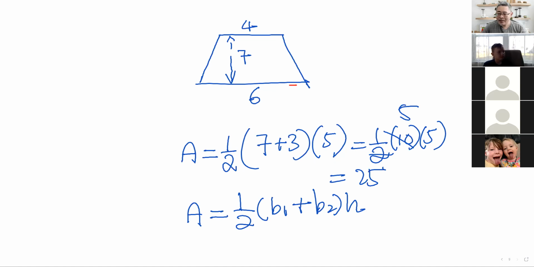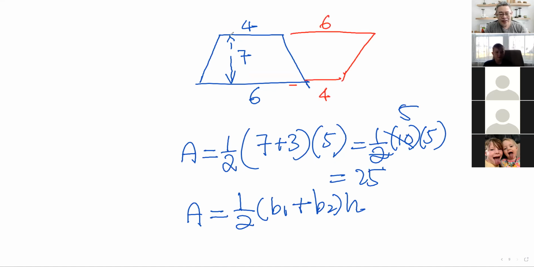Yeah, okay, no problem. We are working on the trapezoid, and the trapezoid is actually half of a parallelogram. So if you push that upside down, we got this. So it's 4 and 6.